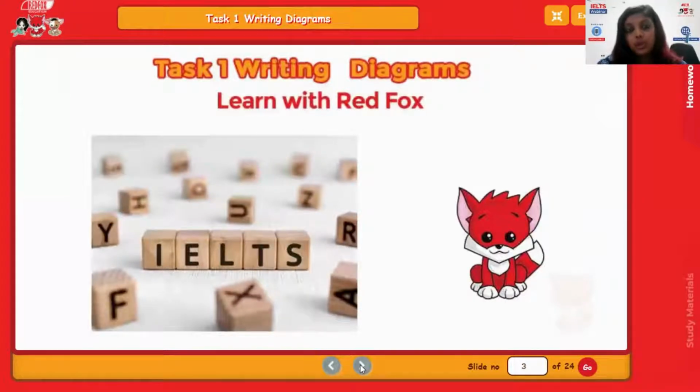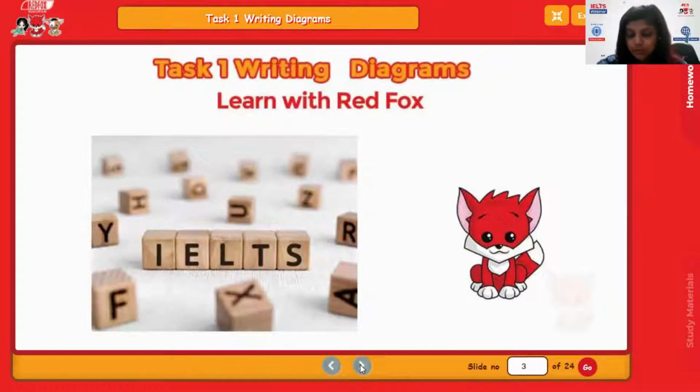For those who are not very familiar with IELTS, let me give you a small introduction. IELTS is an exam that you have to take when you want to travel abroad to study, work, or migrate. Basically, other countries want to test your language skills, how good you are with English, and whether you will be able to survive in their country.